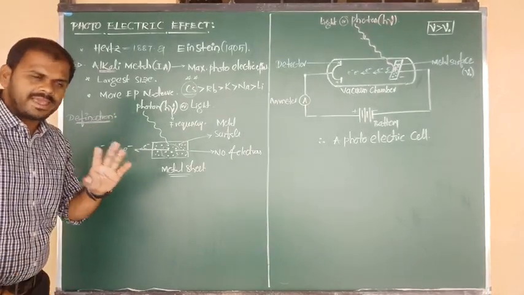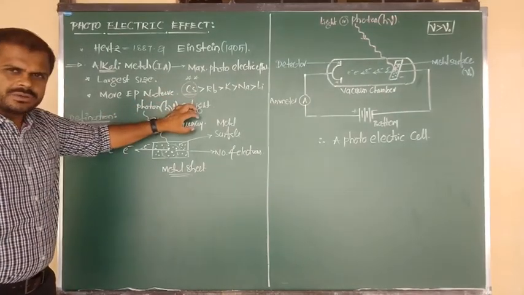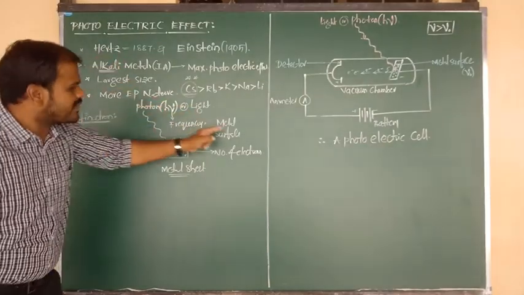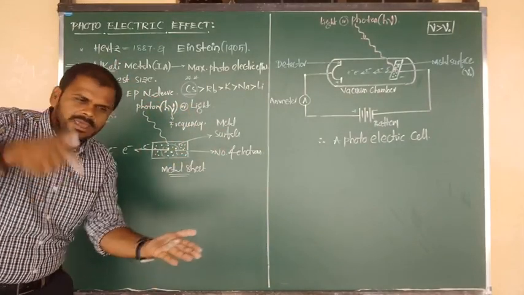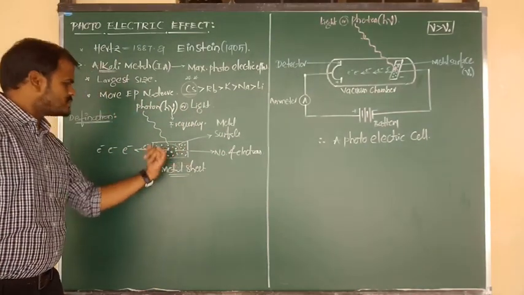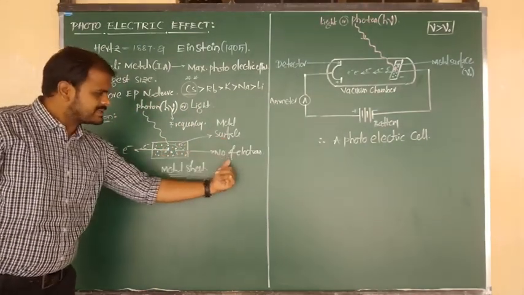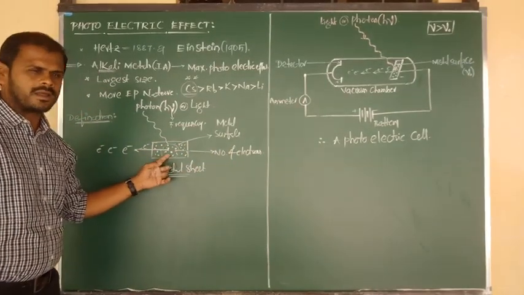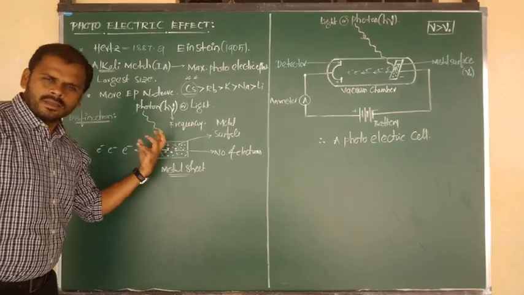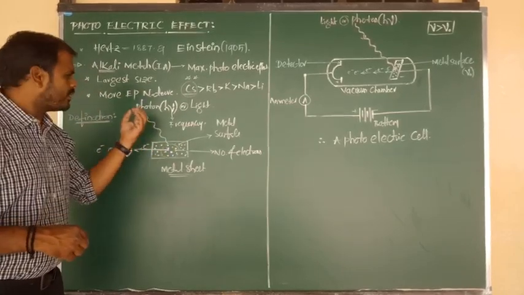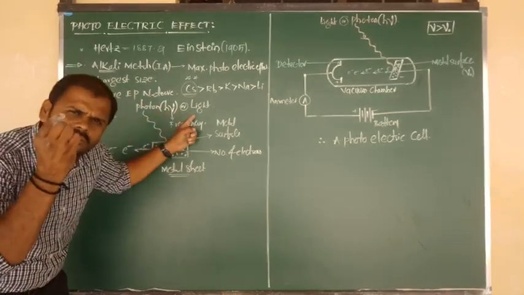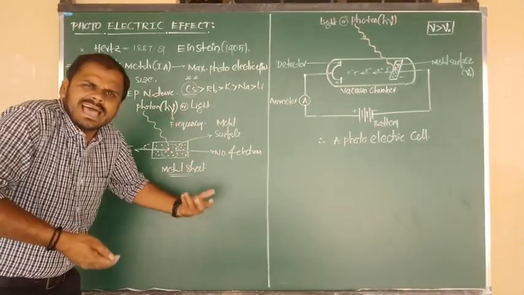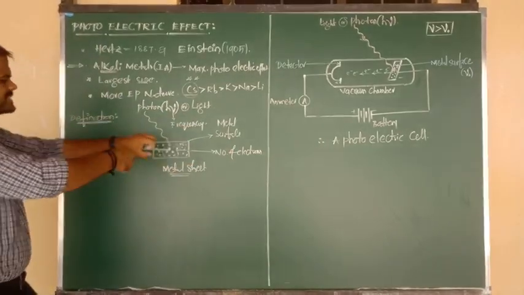Once again, a photon or light with a suitable frequency, when it strikes the surface of metal, the electrons present on the surface gain energy, not completely, but a part of the photon energy, a part of the light energy, and they get excited and finally come out.